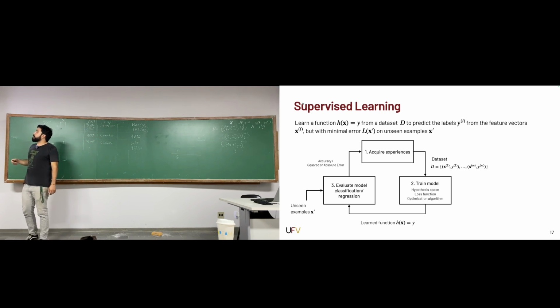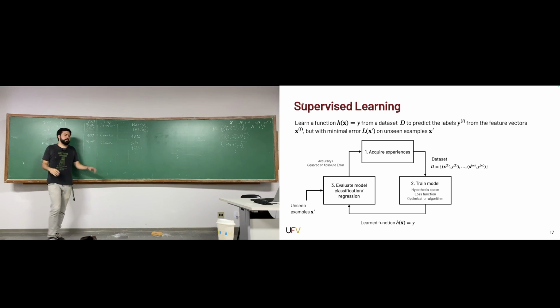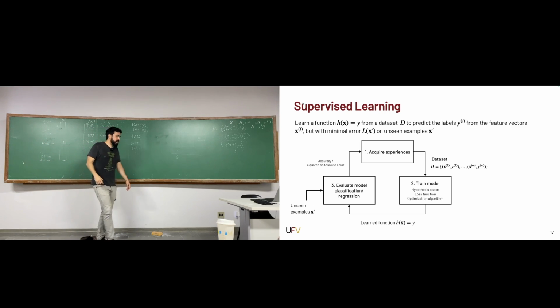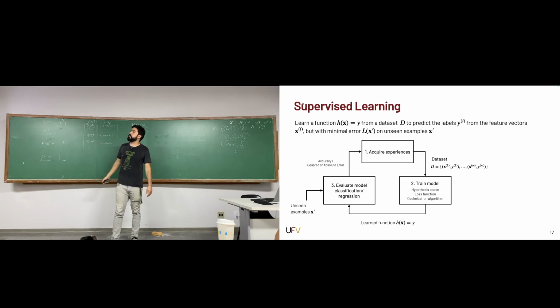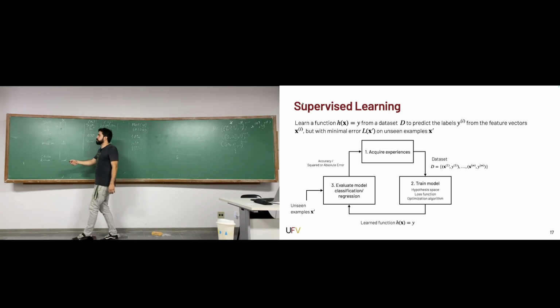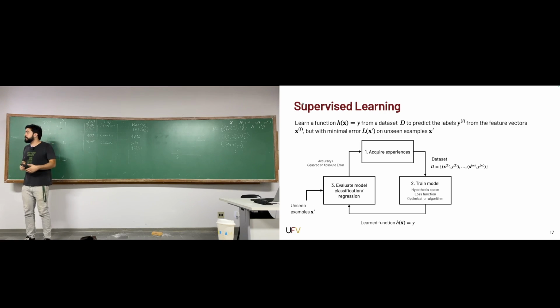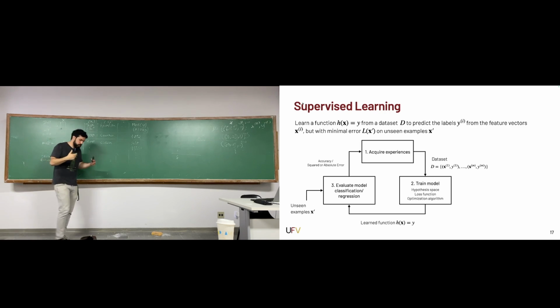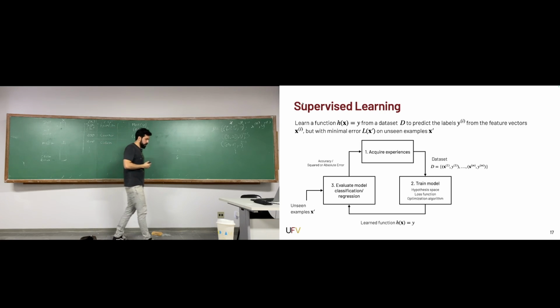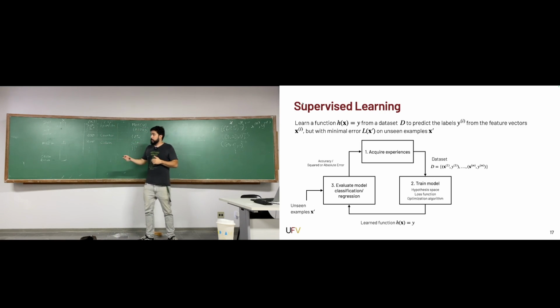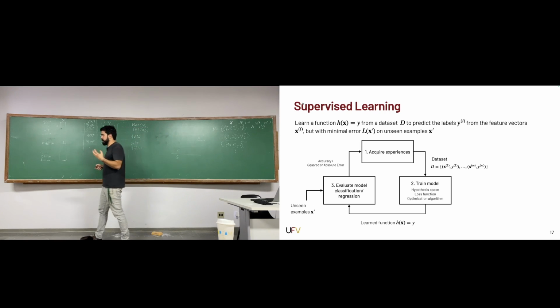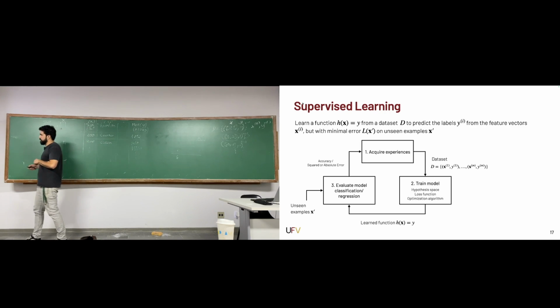And we're going to see that there are very common metrics to evaluate these models. For example, for classification, we normally use accuracy or some other similar metric, like precision, recall, or F1 score. We're going to talk about them. But we have very common metrics to measure the performance of classification models, and also for regression.